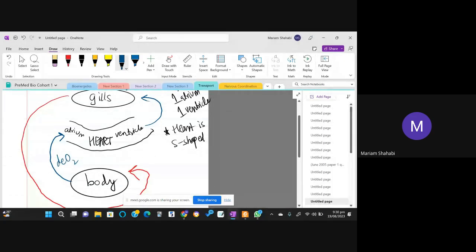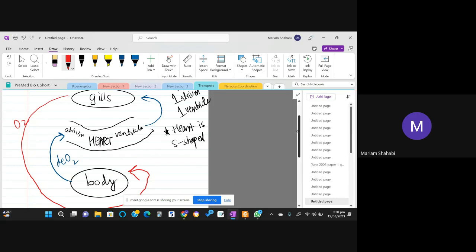And deoxygenated blood collected from the body tissues goes to the heart. In the heart it enters from the atrium, okay? It enters the atrium and then it leads to the ventricle to enter the gills. And then oxygenation happens in the gills. Now from the gills, oxygenated blood comes directly to the body again. Oxygenated blood comes directly from the gills to the body.